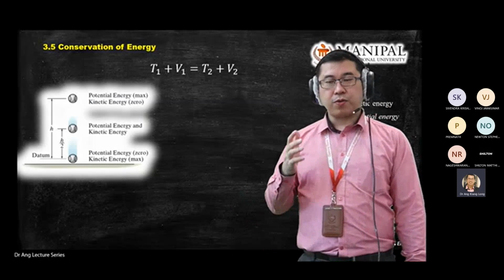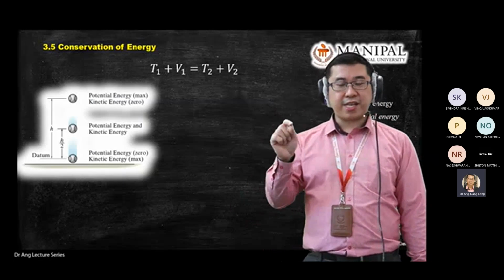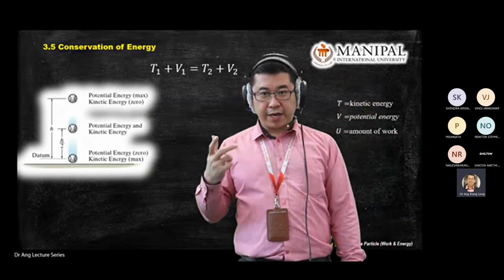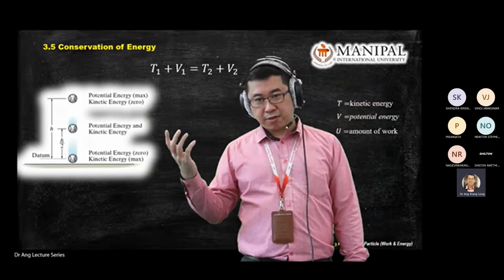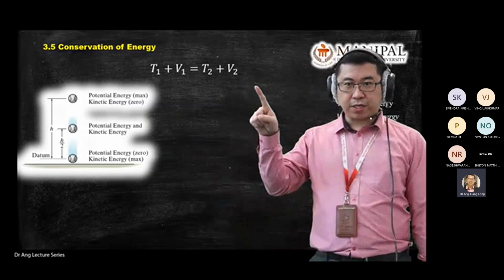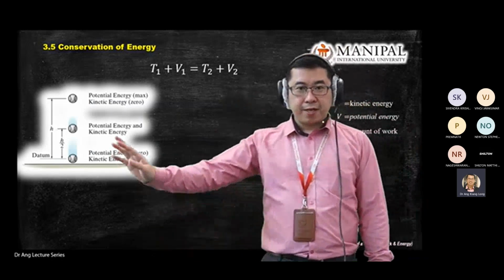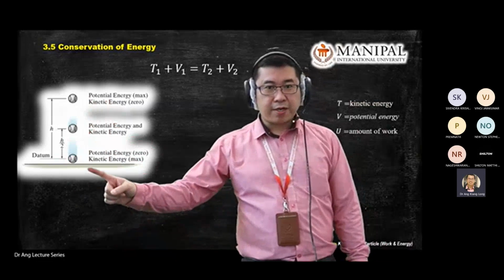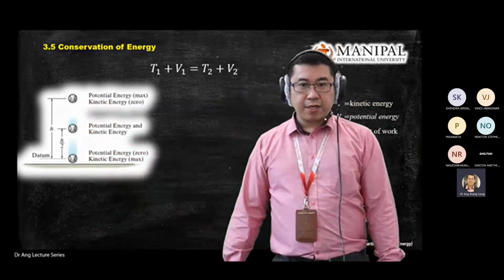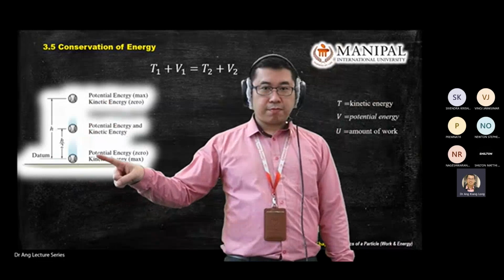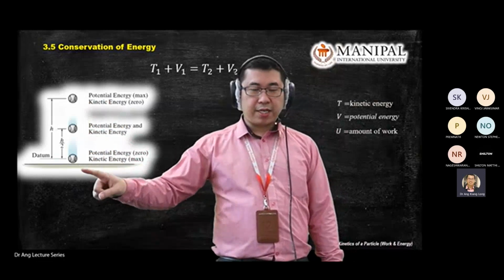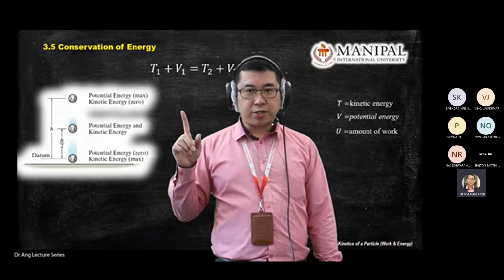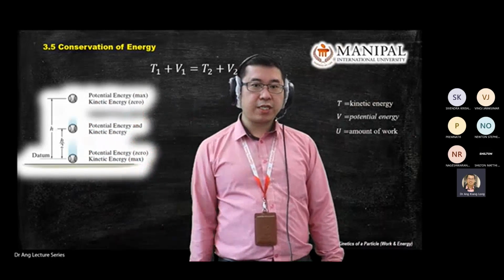So if the question states to calculate something by referring to conservation of energy, it means you use this equation. As you can see here, there's a ball here, and under conservation of energy, kinetic energy and potential energy change from location to location.